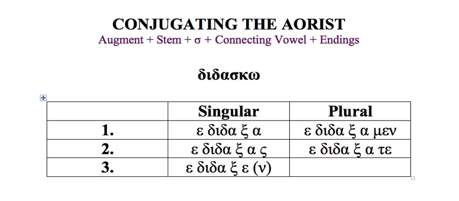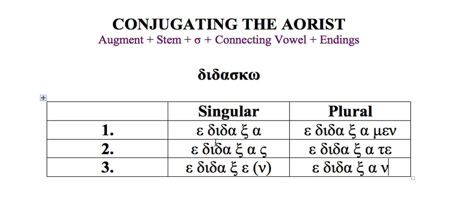Finally, we have the third plural, epsilon for the augment, didak for our stem, sigma for our aorist. Kappa sigma combines into our xi. Alpha for our connecting vowel, and nu for our ending.